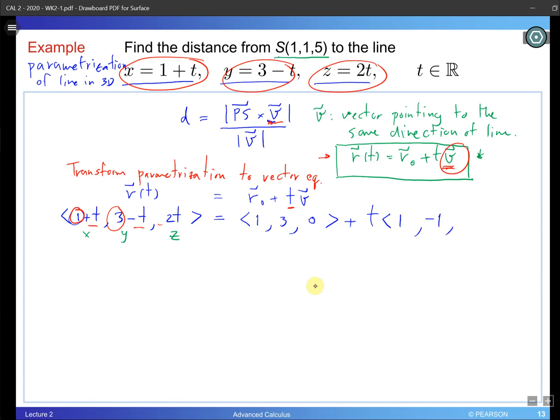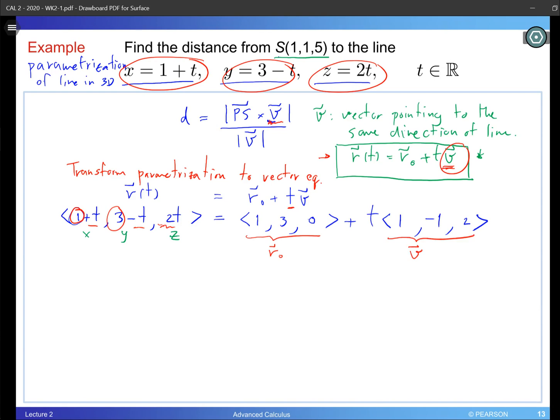And the last term has a coefficient of 2, and we can put 2 right here. So by splitting between the terms with the parameter t and the terms with just the constant, we end up with two separate vectors. The first one is going to be r0, and the second one is going to be vector v.